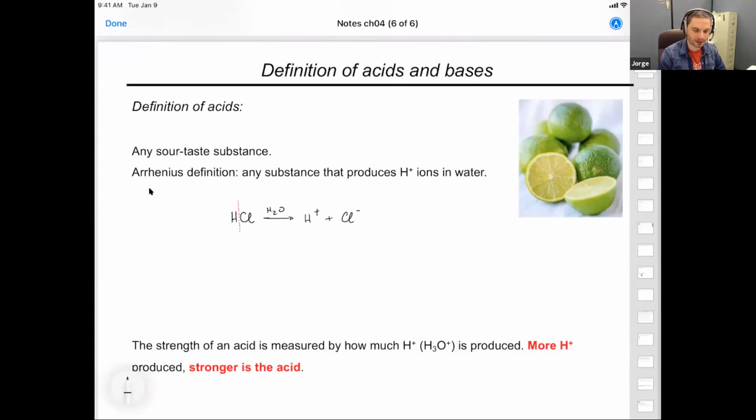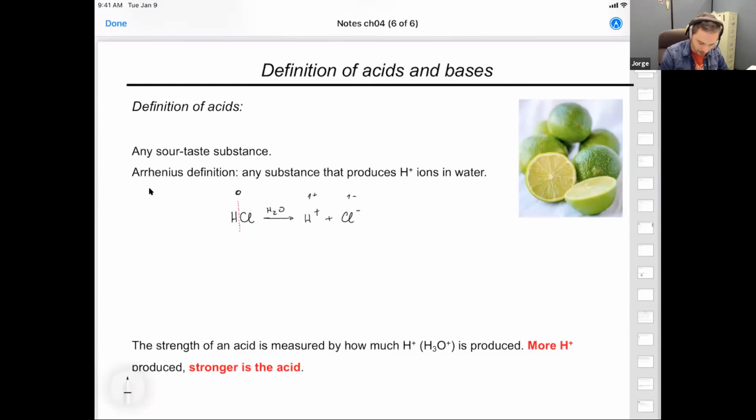See here that the net charge at the beginning has to be equal to the net charge at the end. So this is a neutral compound. H plus is 1 plus, and Cl is 1 minus.